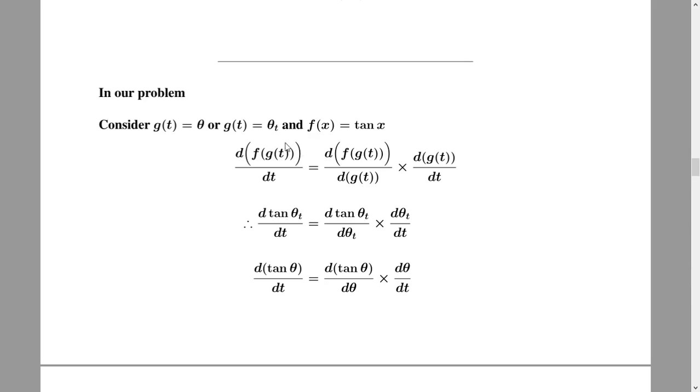That's because g of t is theta t, and so f of theta t would be tan theta t. So on the left hand side we have d tan theta t by dt, and over here you get d tan theta t by d theta t times d theta t by dt. Now you can remove the subscript t, and then this is what you get.